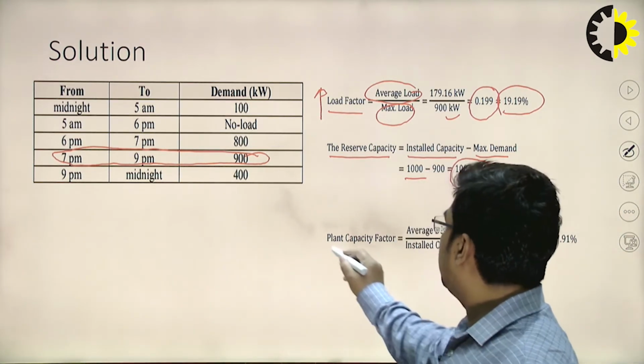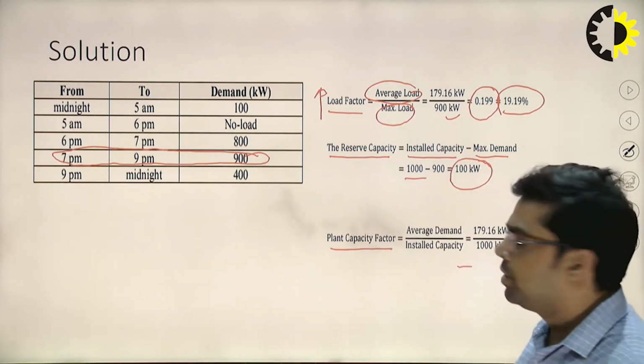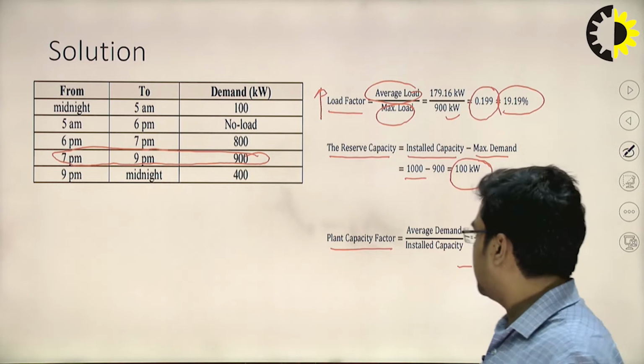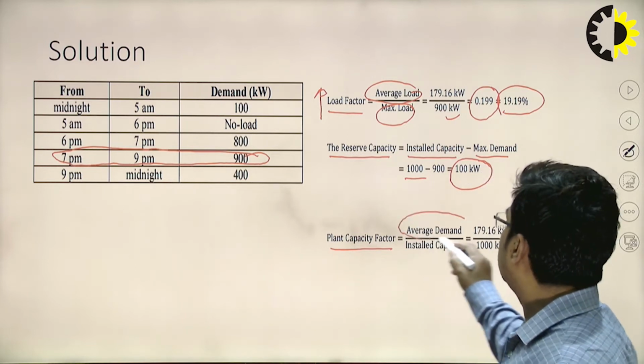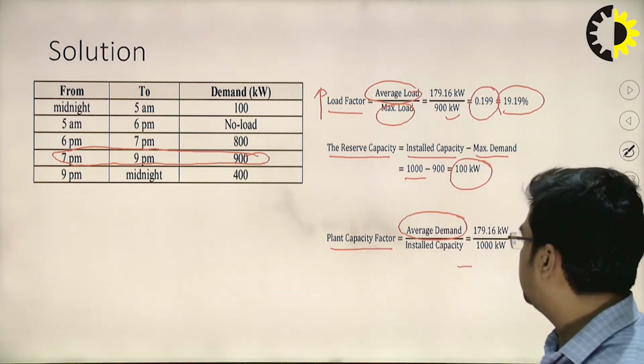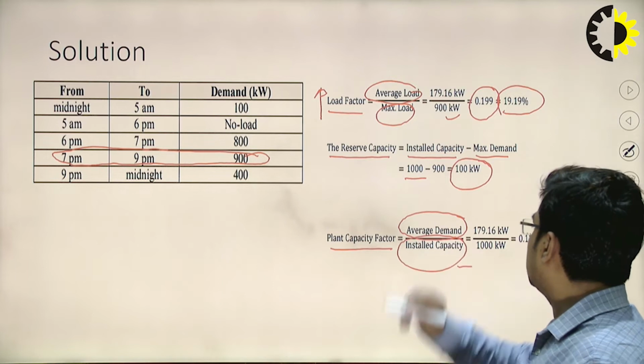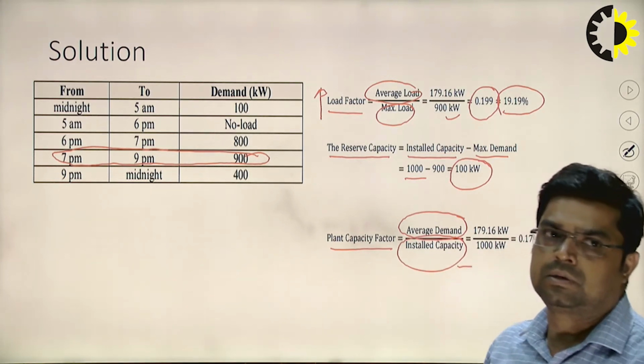Now come to the plant capacity factor. What will be the plant capacity factor? To calculate it, we have to know the average demand, which is already calculated in the previous problem, and the installed capacity, which is already given.